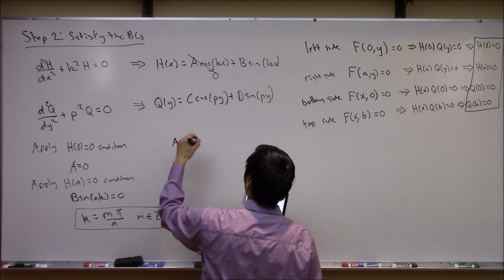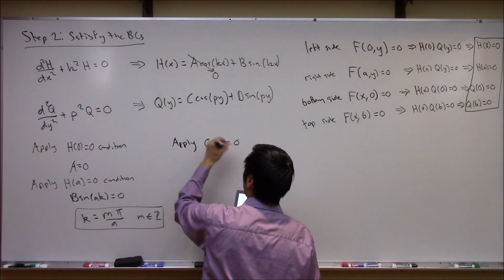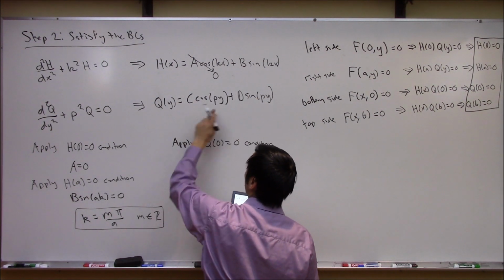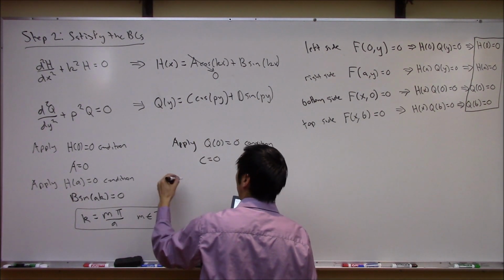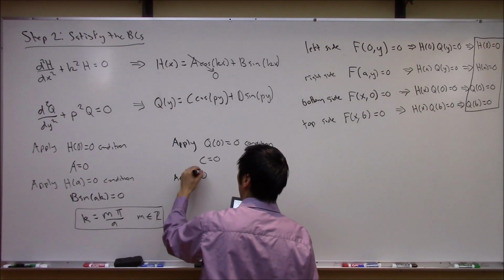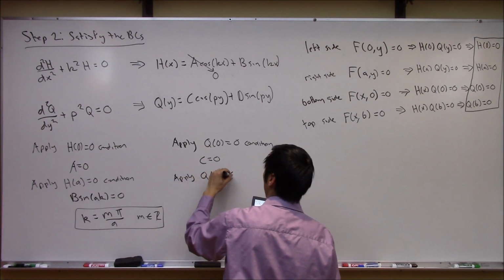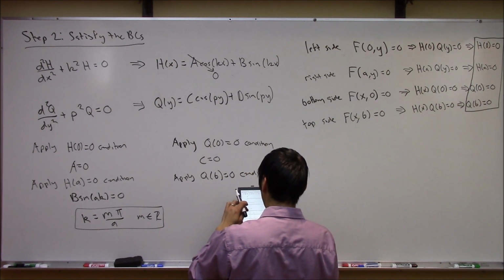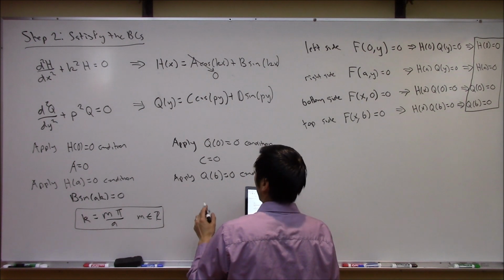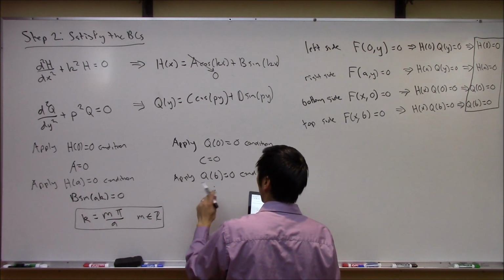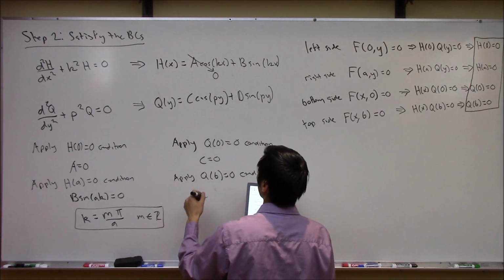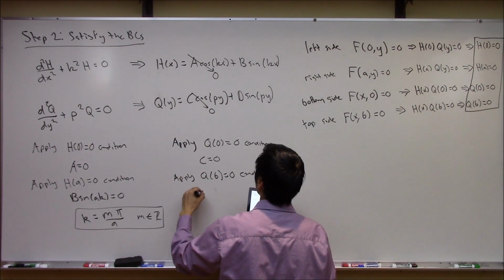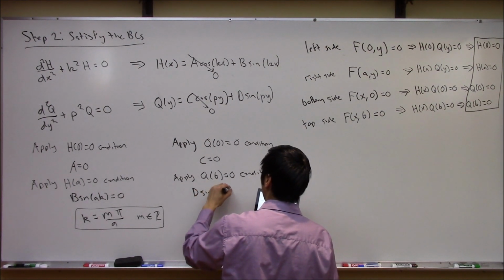So let's apply the q of 0 is equal to 0 condition. Just plug in y equal to 0 here, and we end up with c equal to 0. Perfect. Now apply the condition q at y equals b is equal to 0, and we get the exact same discussion. Let's not skip it; let's make everything similar. So c is 0 here, and we end up with d sine of pb has got to equal 0.